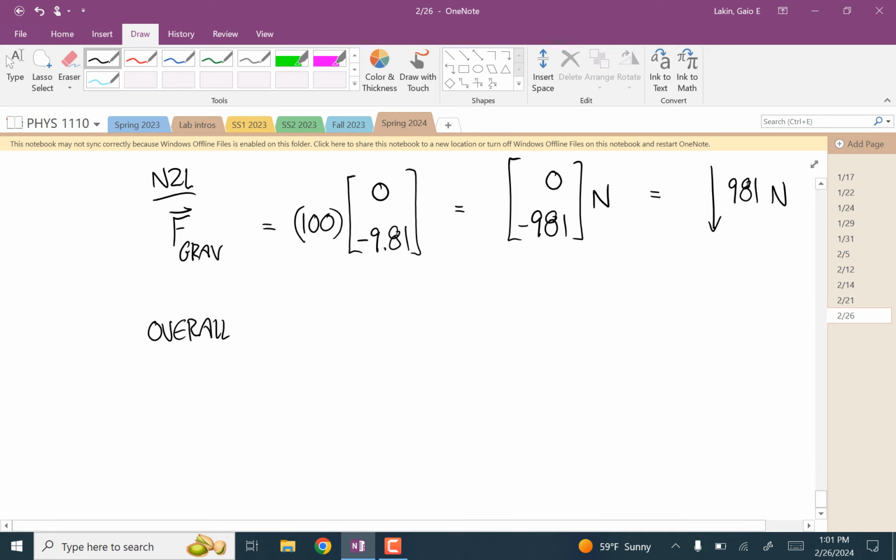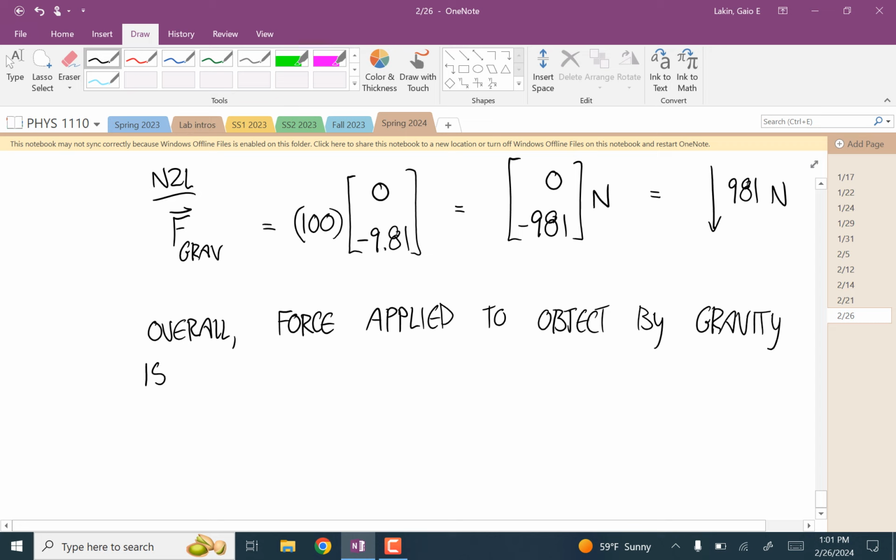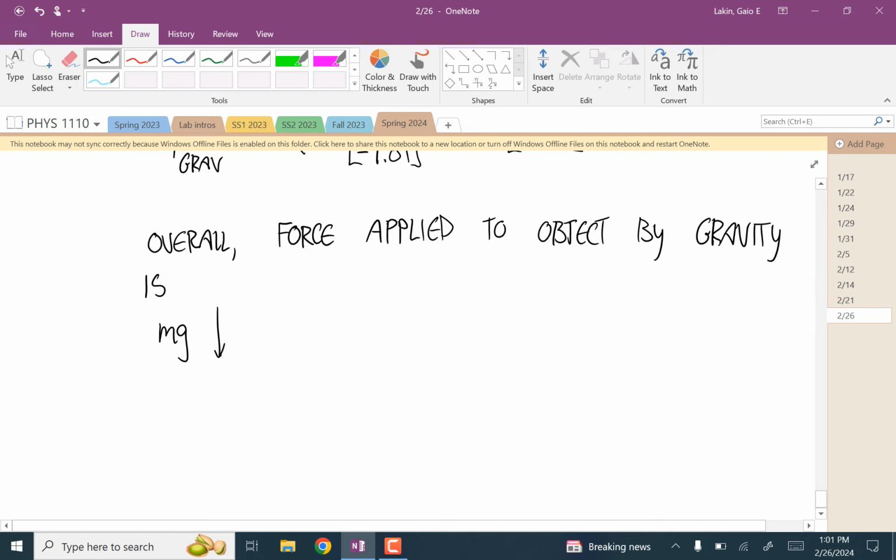Overall, what we would find is the force applied by gravity, applied to an object by gravity, is mg down, where m is the object's mass and lowercase g is 9.81 meters per second squared.